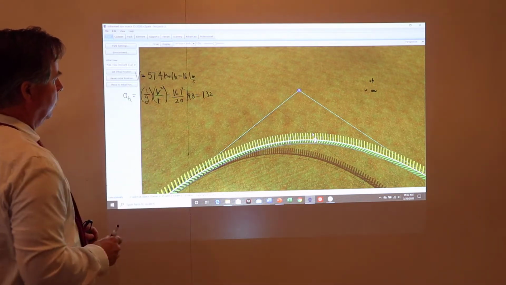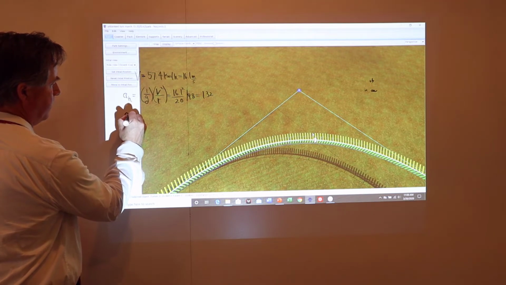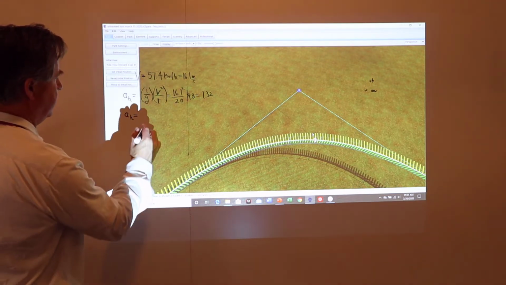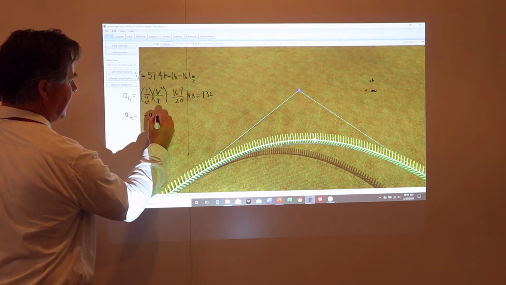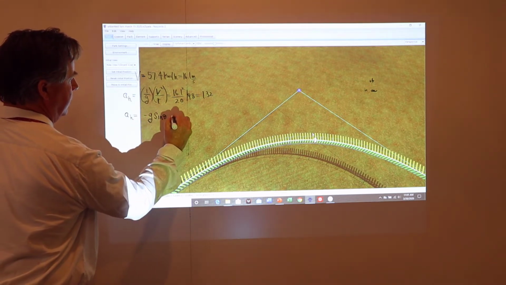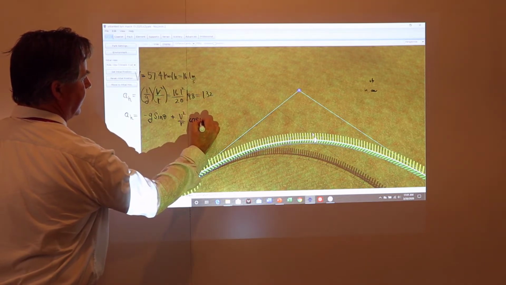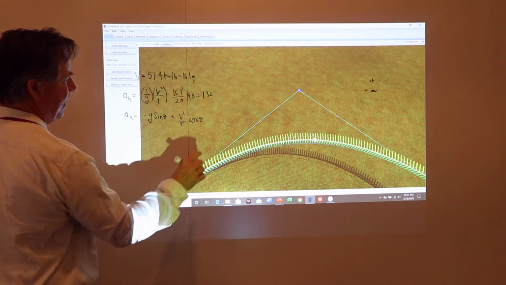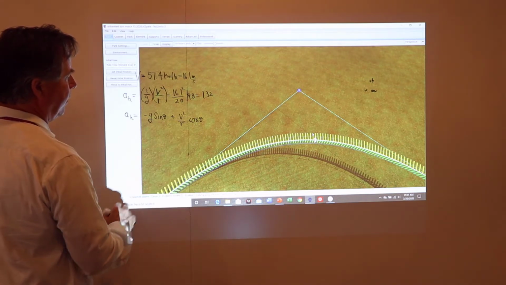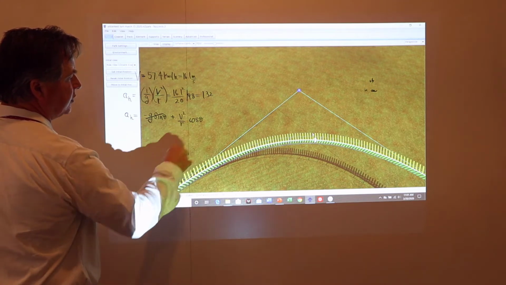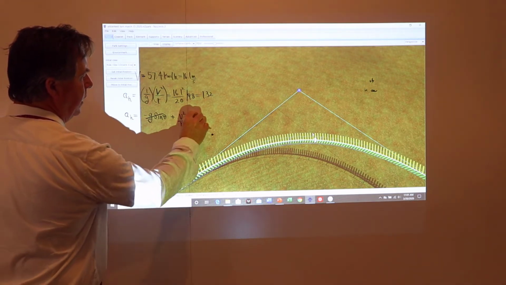So where did that equation come from? Well, the usual equation for horizontal acceleration is minus g sine of the banking angle plus v squared over r times the cosine of the banking angle. But the banking angle here is 0. It's not banked at all. Sine of 0 is 0, so that term goes away. Cosine of 0 is 1.